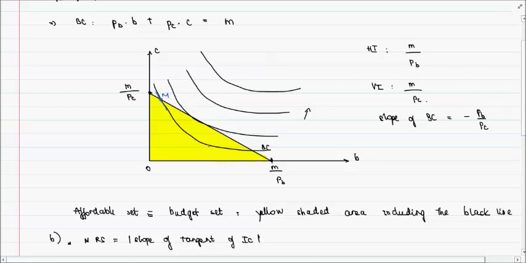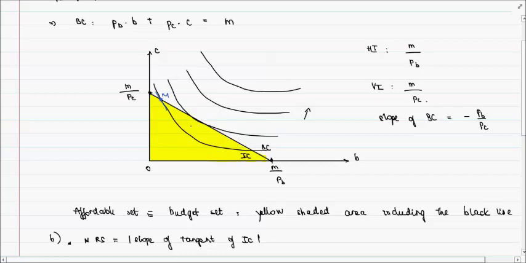Now what is the preferred set of M? Anything above the indifference curve IC, on which M lies, is going to be preferred to bundle M, because like I said before, the higher the indifference curve, the better.